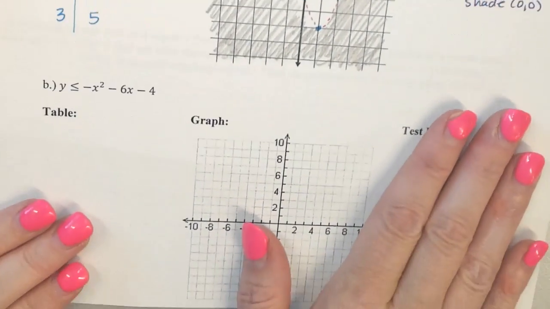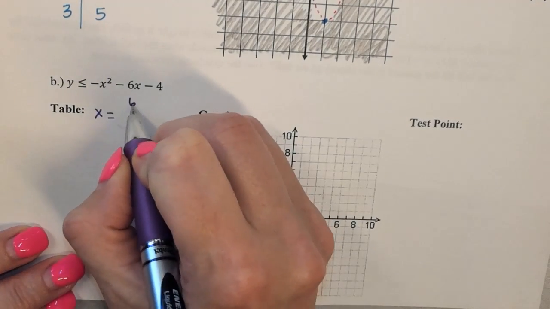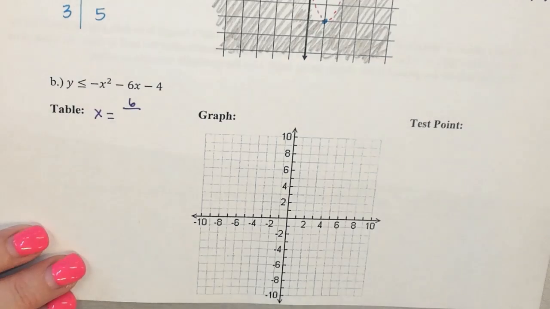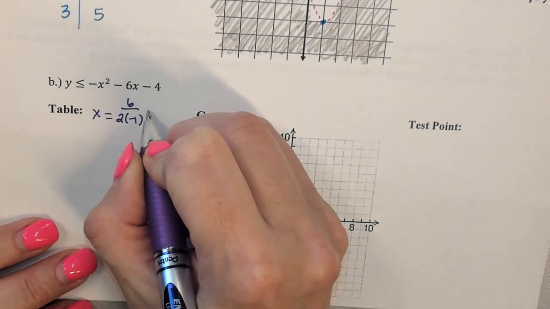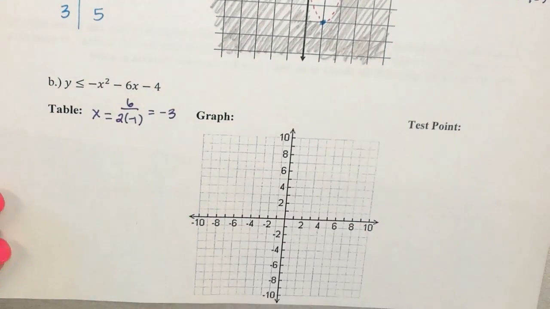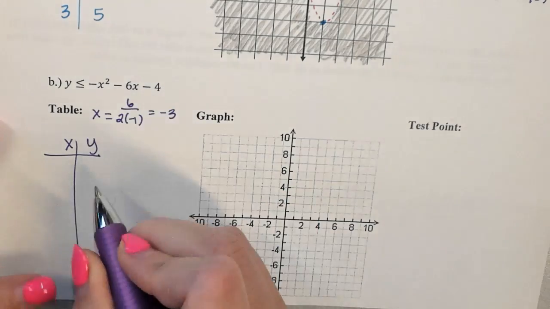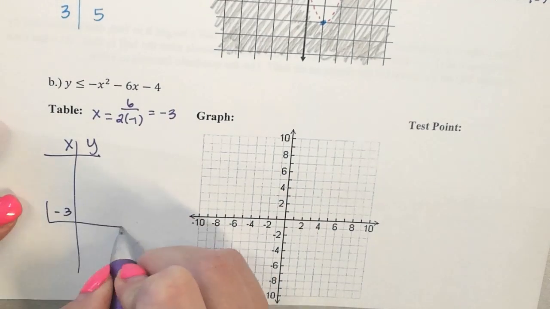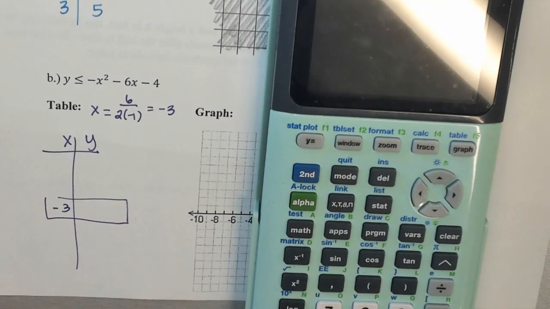All right, then for part B, we're going to start the same way. So it's the opposite of B, so it's positive 6, and then 2 times A. So 6 divided by negative 2 is going to be negative 3. If you make a mistake here, you should be able to catch it when you are graphing it because you can see what your vertex is.